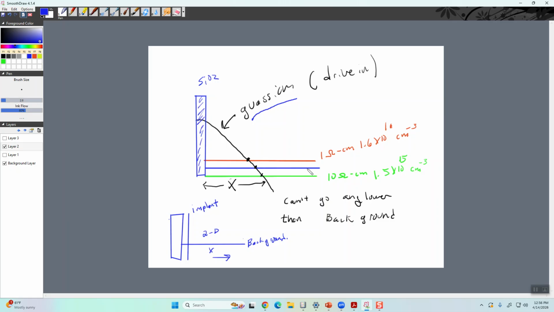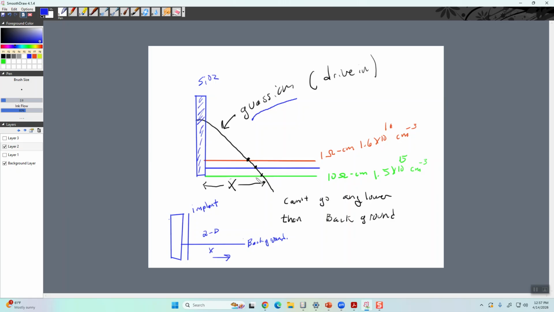Now, the blue line would represent the nominal resistivity or background concentration. 1 ohm per centimeter was about 1.6 times 10 to the 16th. 10 ohms is about 1.5 times 10 to the 15th. All right. So you can see that this depth, and it's not a junction depth, it's really where the diffusion curve equals the background concentration.